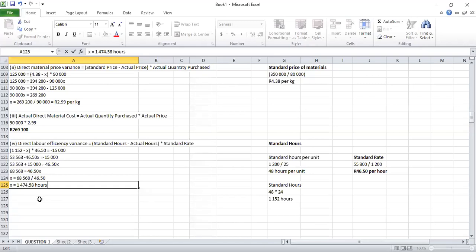All right, let's go to the next one. Actual variable manufacturing cost.